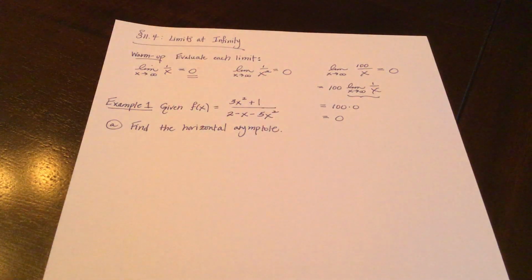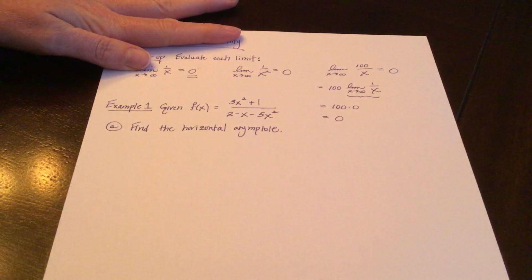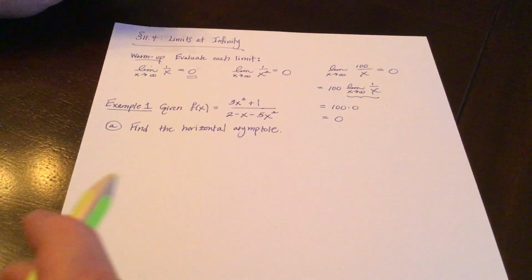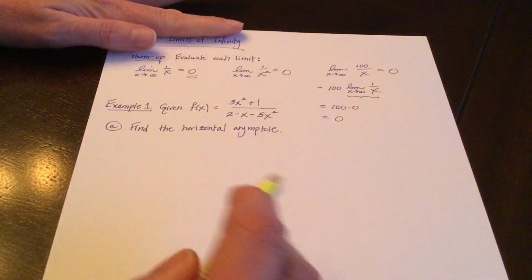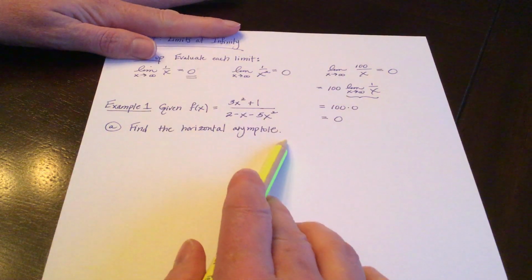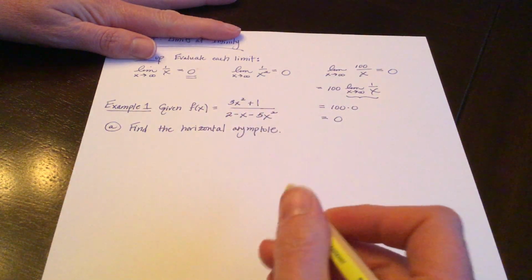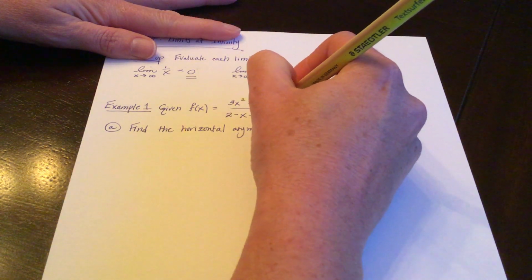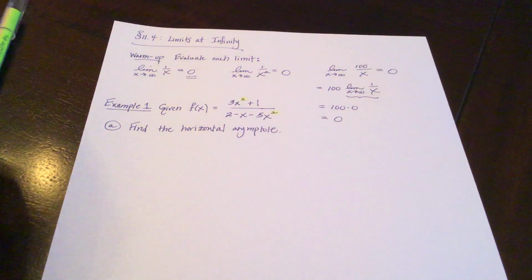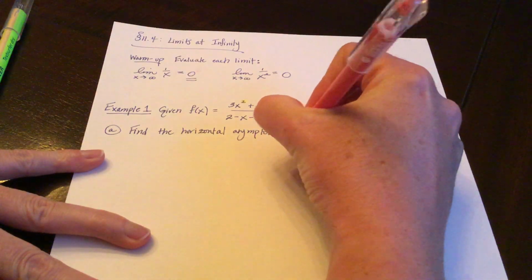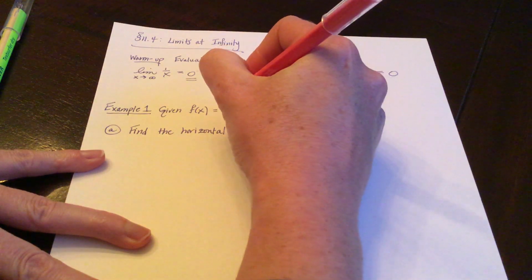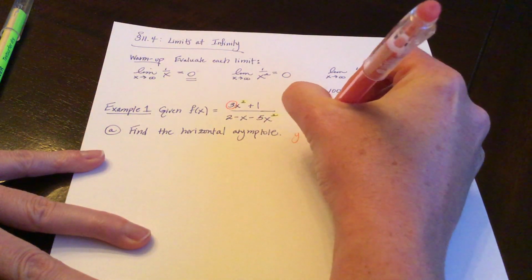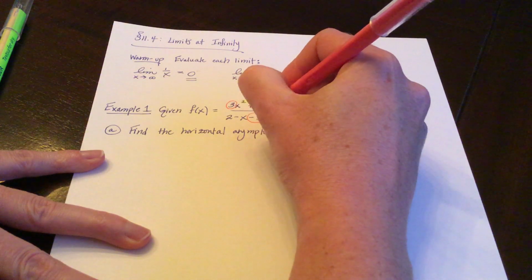You will have learned this in Algebra 2, and then we reviewed it in Chapter 2 in Pre-Cal. Sometimes it's not until now that people really understand it. So what you were told on a rule level was if the degree of the numerator is the same as the degree of the denominator, then you will have a horizontal asymptote, and the equation will be y equals the leading coefficient of the numerator divided by the leading coefficient of the denominator.